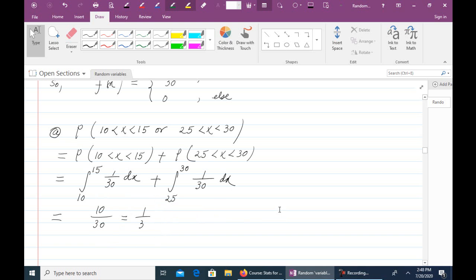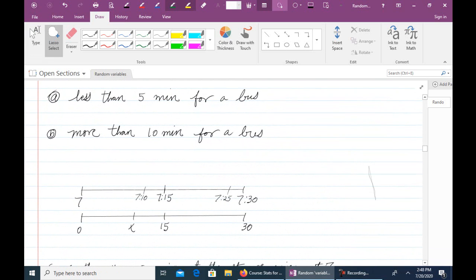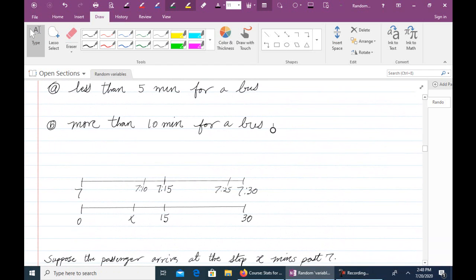Okay, so now let's look at the second question. It says, what's the probability that the passenger waits more than 10 minutes?